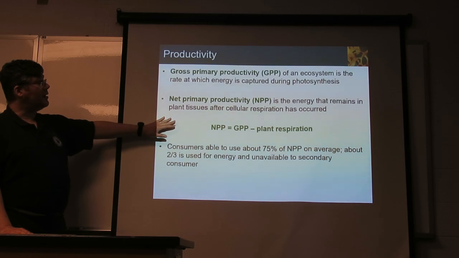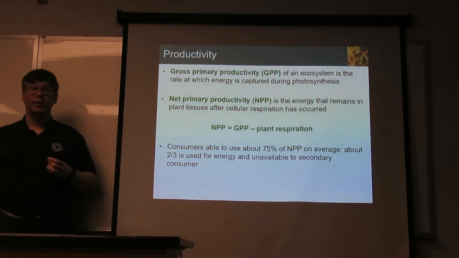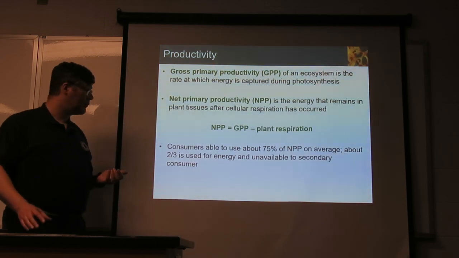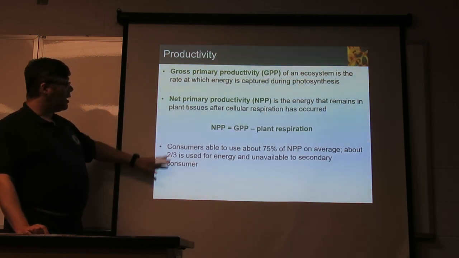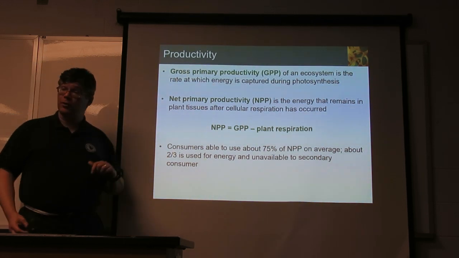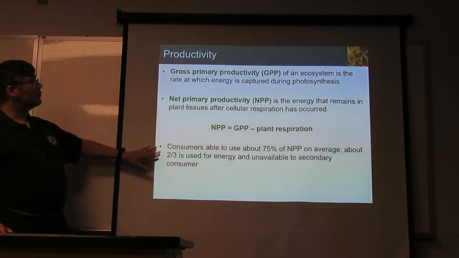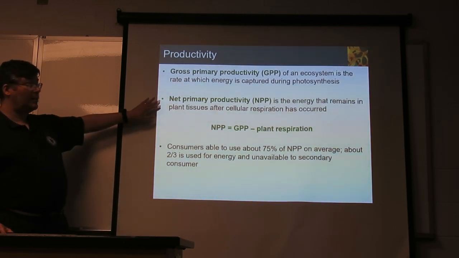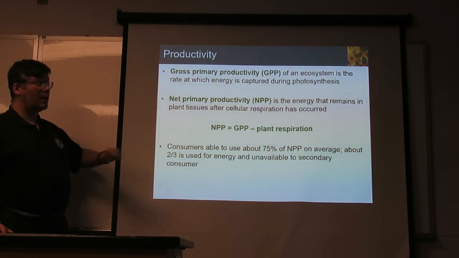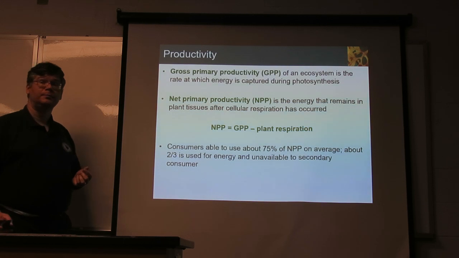Typically, of that net productivity, the consumer eating the plant can use about 3/4. And then that consumer has its own respiration and so forth, uses about 2/3 of that. So we're down to only about 1/4 of the net that might be available to a secondary consumer to obtain.